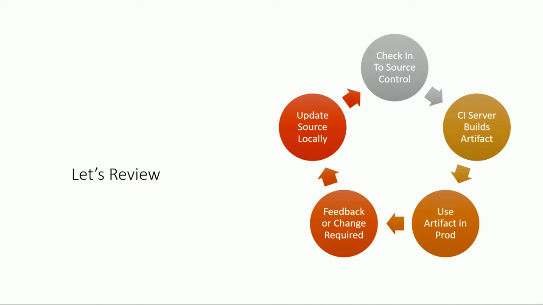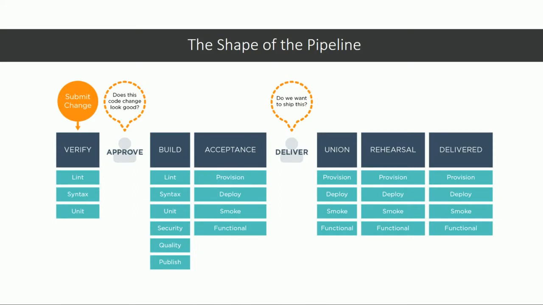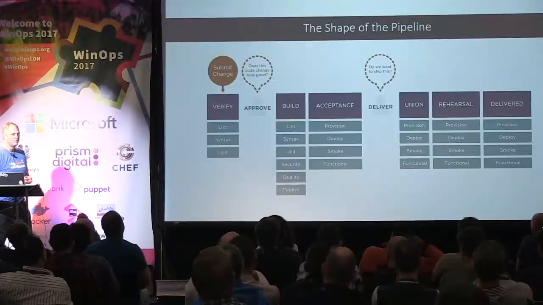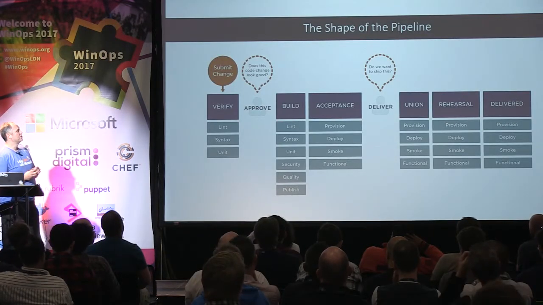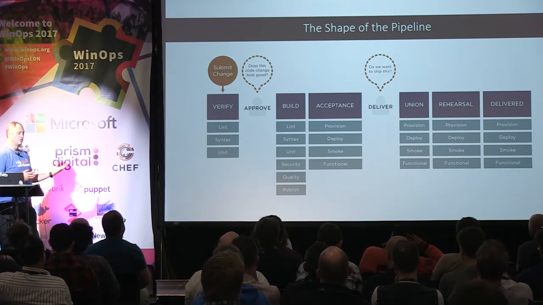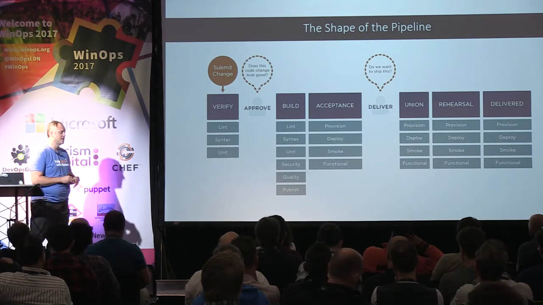One of the things that gets hard when we're first looking at what's involved in a CI pipeline is what happens at each particular step. I love this diagram, which somehow has disappeared from the web, so I've managed to keep a copy around. This is the shape of things that Chef Delivery would use. Chef Delivery was a really opinionated CI pipeline.